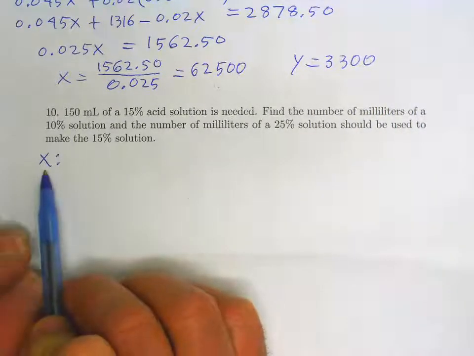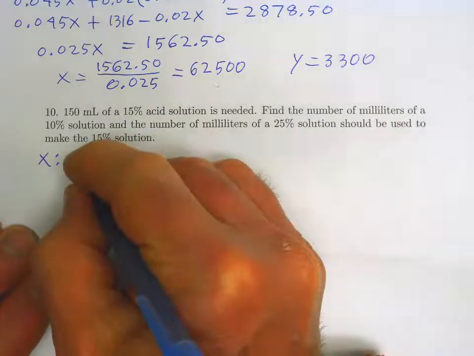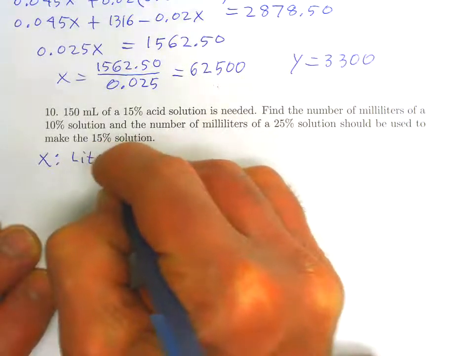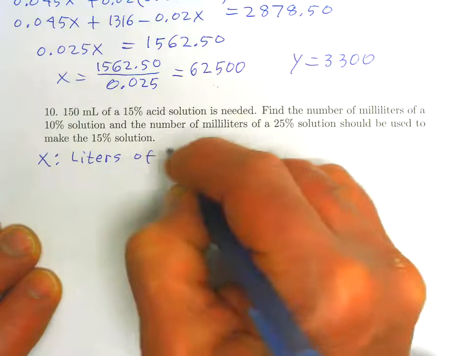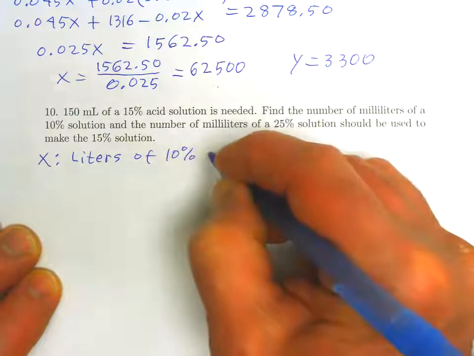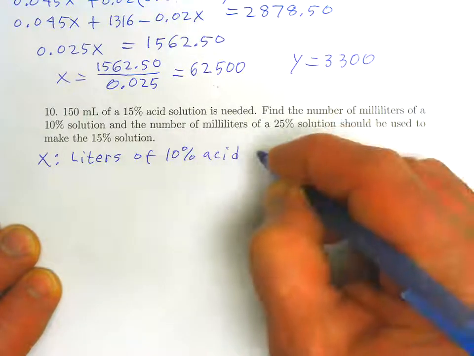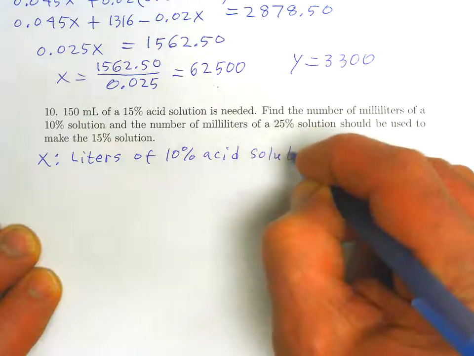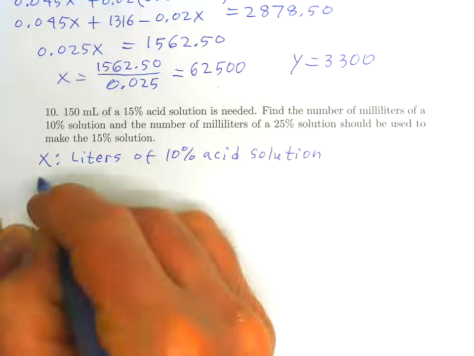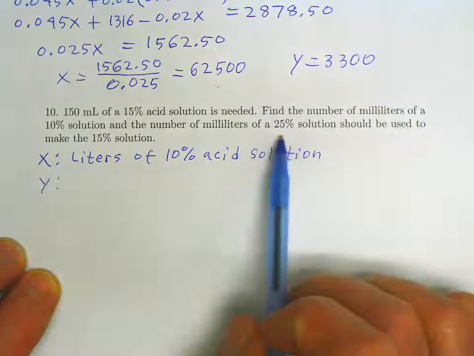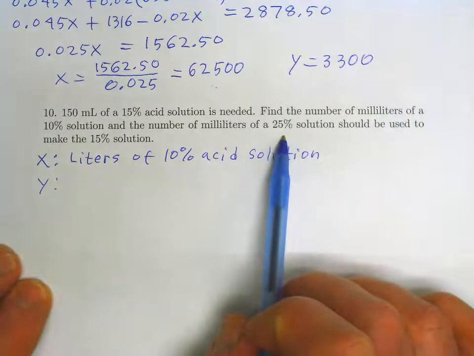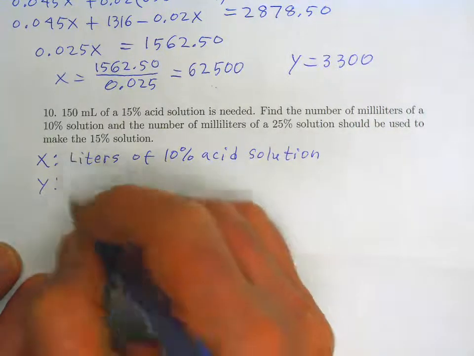So I'll pick X to be the liters of the 10% acid solution. And then I'll pick Y to be the number of liters of the 25% acid solution.